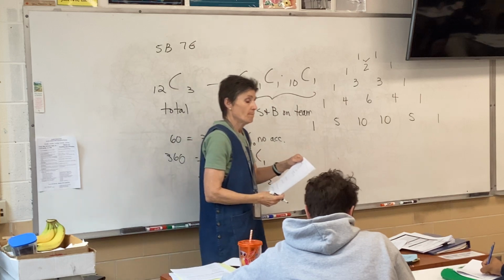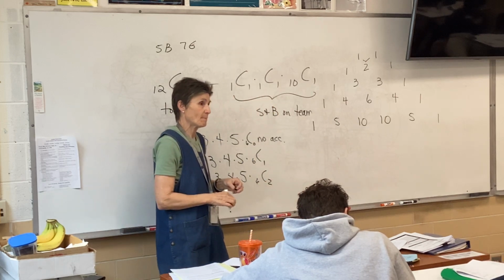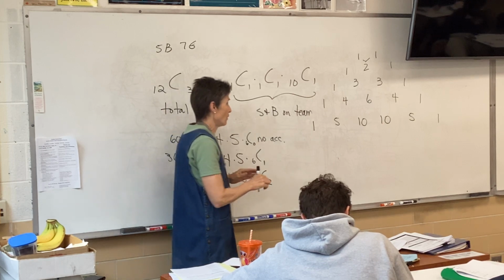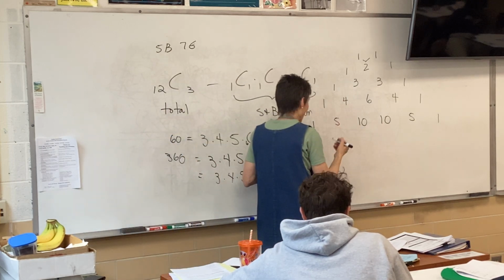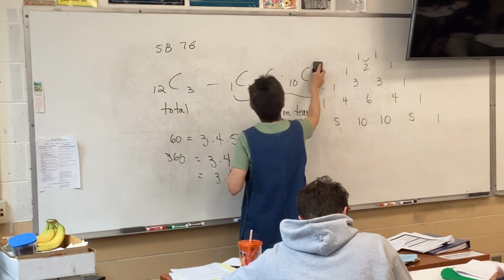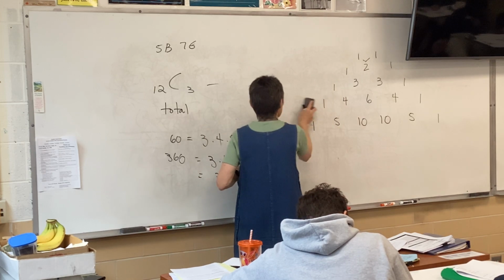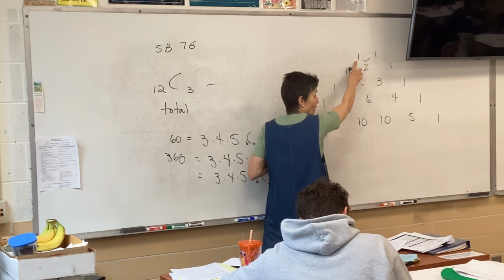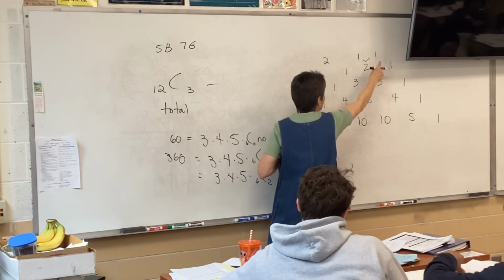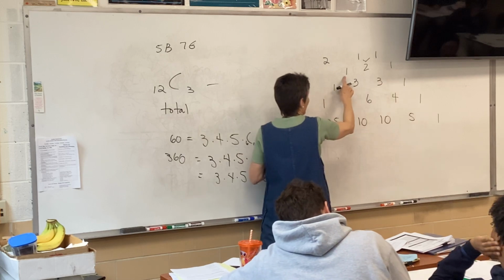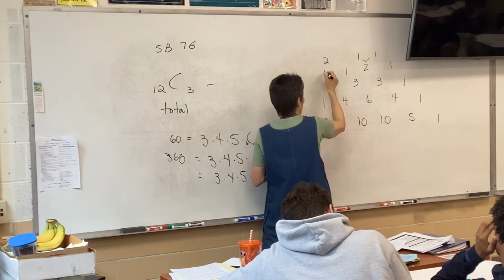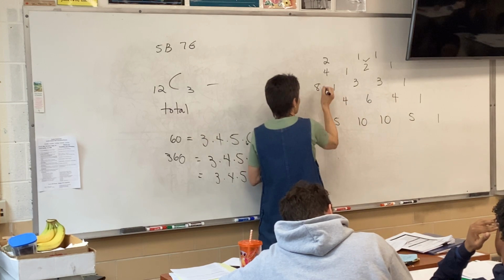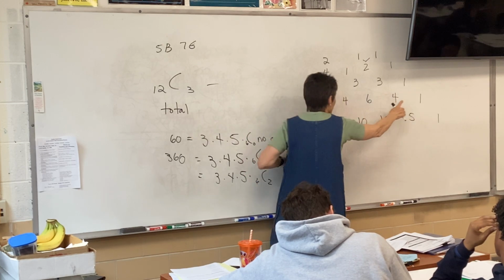Okay? But I want to make 2 observations about this. First of all, let's look at the sum of each row. So the sum of this row is 2. What's the sum of this row? 4. What's the sum of this row? Are you noticing anything? What's the sum of this row?